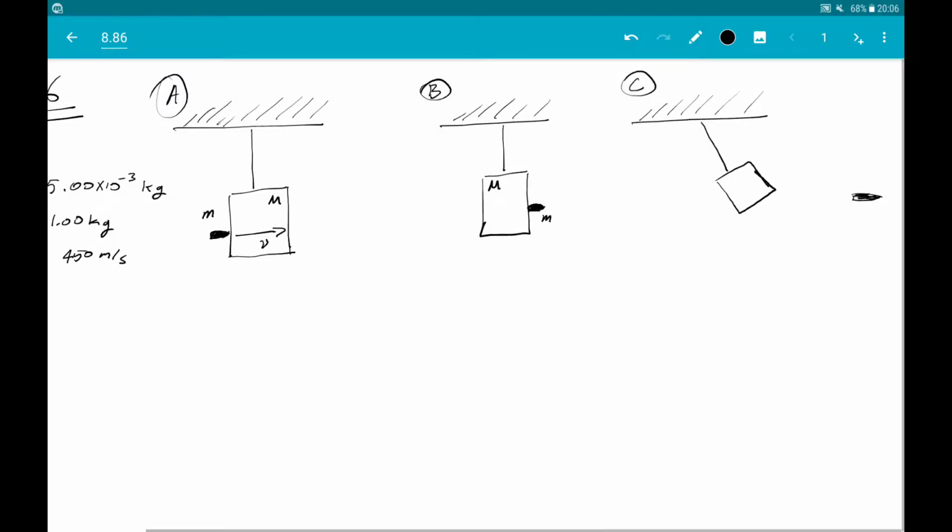After this point, we don't care about the bullet. The speed of the bullet, once it exits here, I'll call it U. The speed of that bullet is what we're looking for. That will be the same as this, we'll assume.